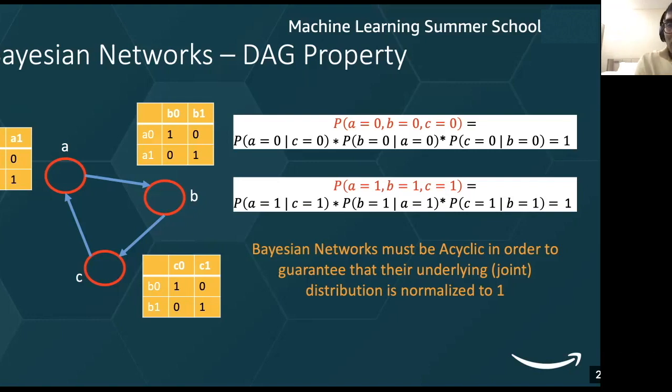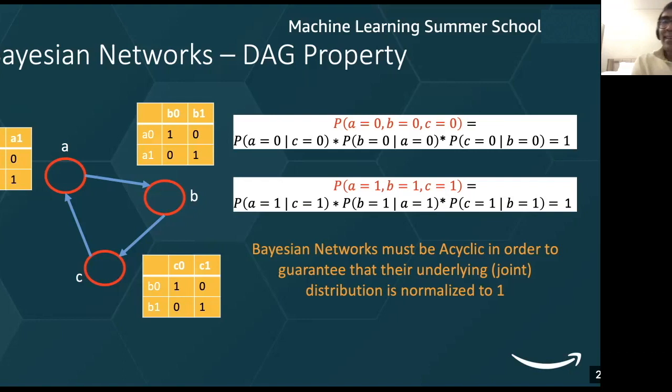You would split the joint distribution as probability of A equal to 0 given C equal to 0, times probability of B equal to 0 given A equal to 0, times probability of C equal to 0 given B equal to 0. This is the process that we followed for the student network example as well. If you plug in the values, you will find that this probability tends to be equal to 1.